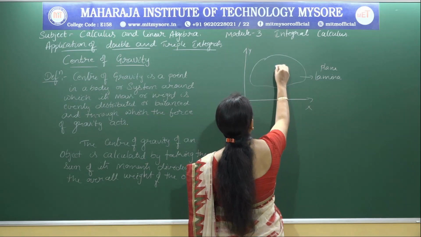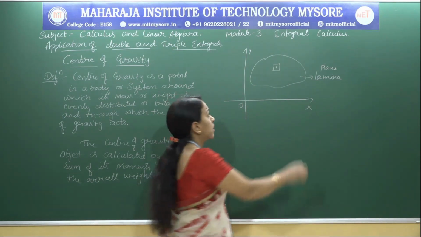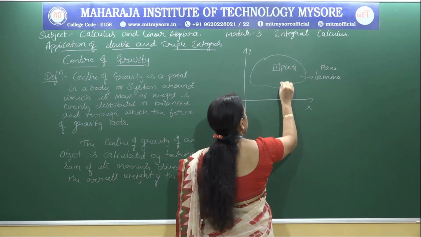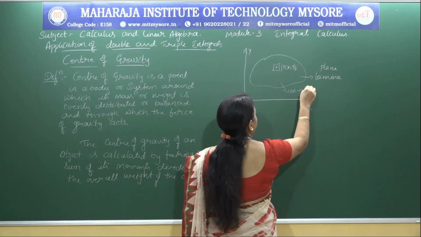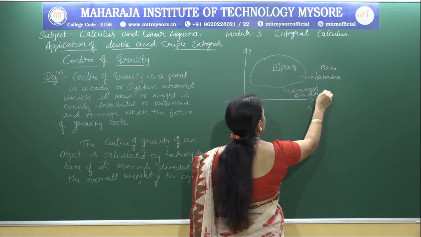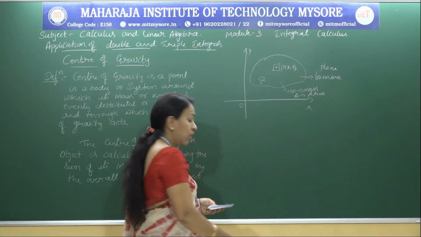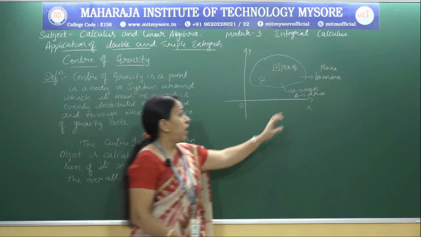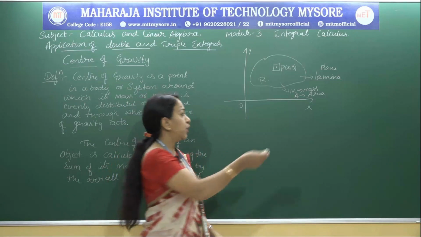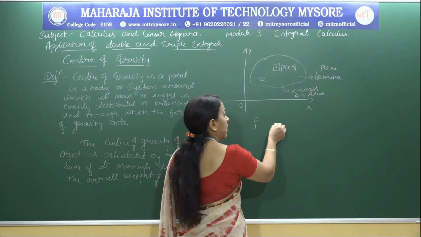In this, if I consider a point P of x comma y, and the mass is m, A is the area, and this is our region R. So let A be the area of a plane lamina having a density rho, a function of two variables x and y.